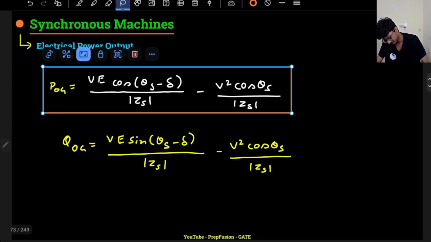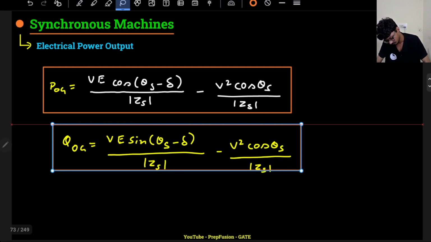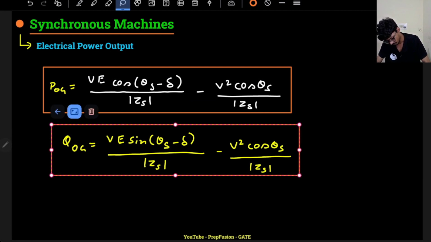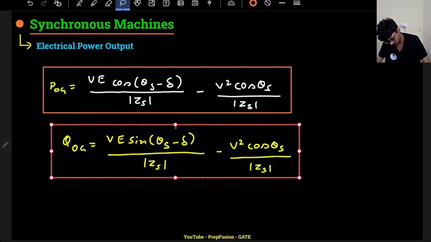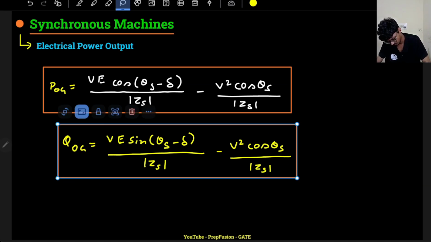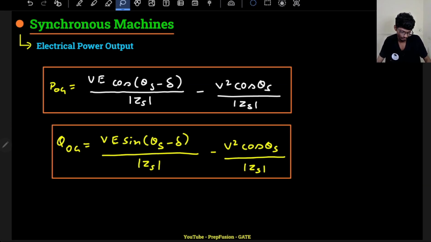Okay. So the important fact to note here, this is the active power output and this is the reactive power output.